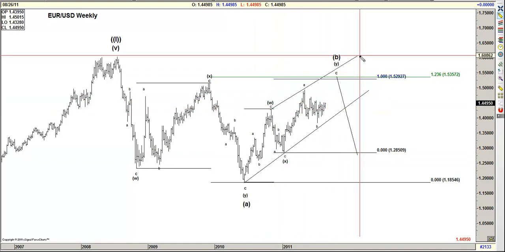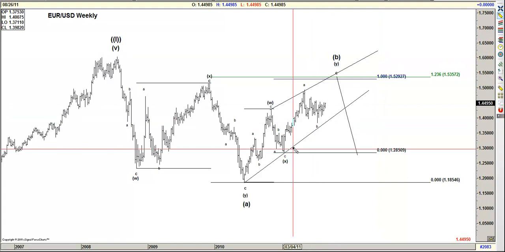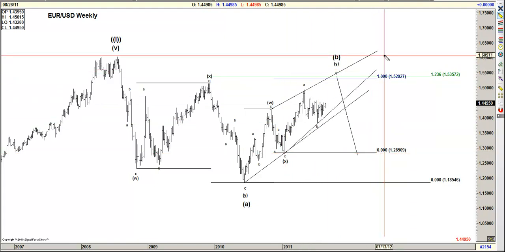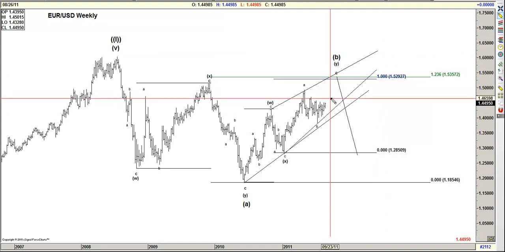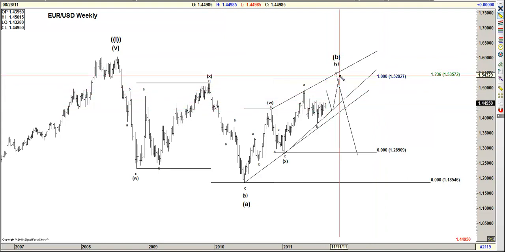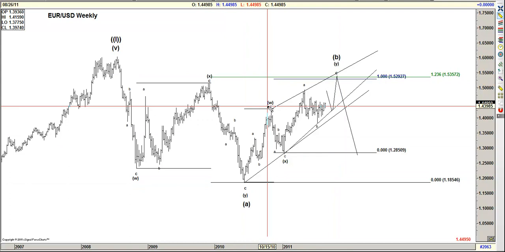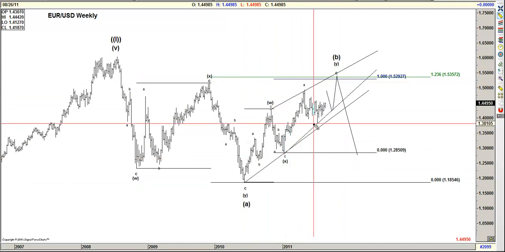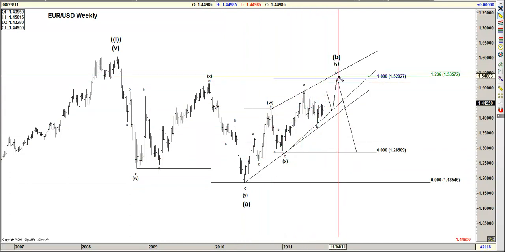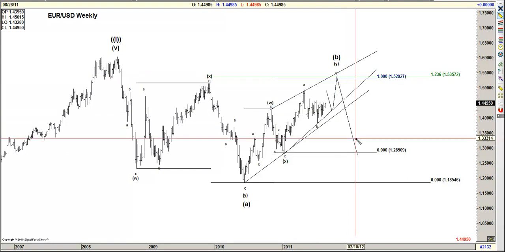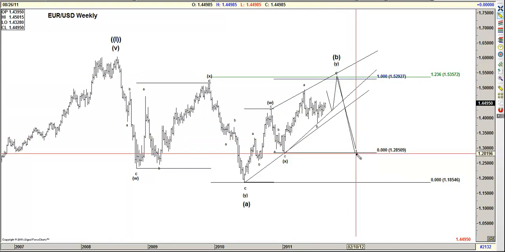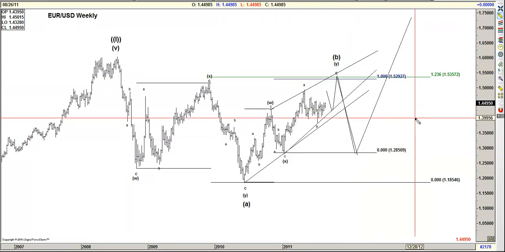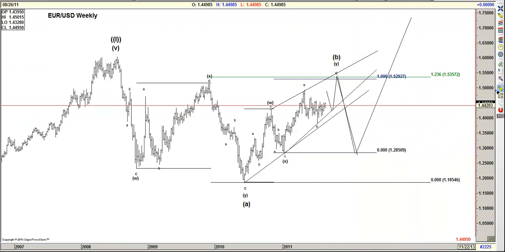When you got something like this, the euro is gonna test here, and it's gonna go in a series of 3, 3, 3, 3, and 3. That can be the case, and then the euro is gonna retrace to the 128 area, and it's gonna keep going higher. That's possible. It hasn't gone there yet.